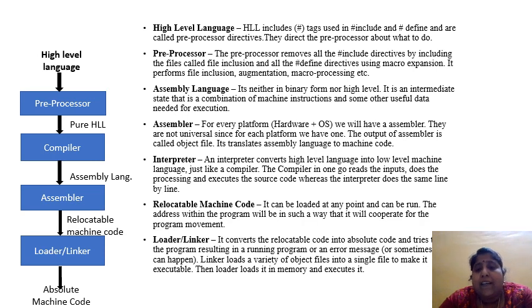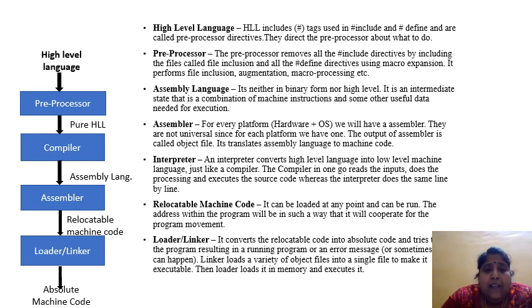The next is relocatable machine code. Relocatable machine code means it can be loaded at any point and it can be run. It means it can be in any address position, meaning it allows the program to move in the memory to various positions. So it allows what? It allows program movement.